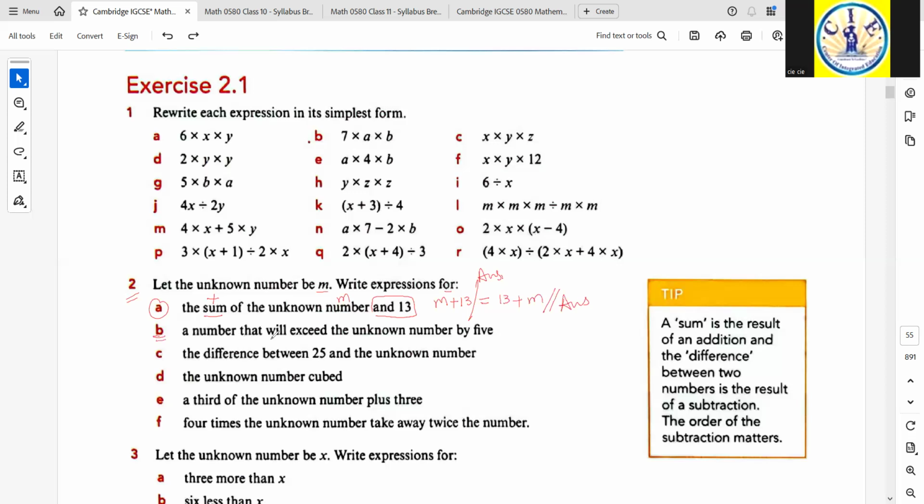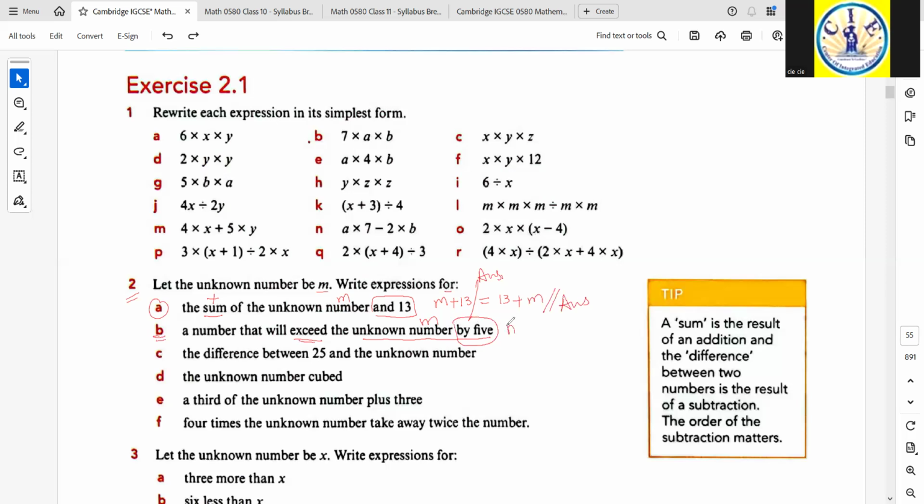Okay, now part B. The number that will exceed the unknown number by 5. So unknown number was m, and you need to exceed the given number m by 5.